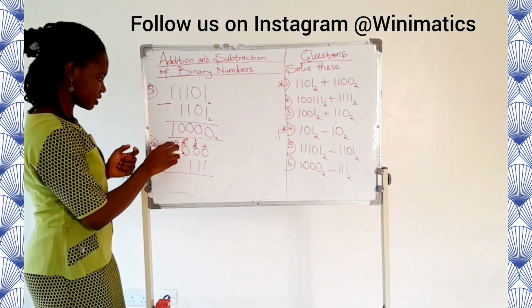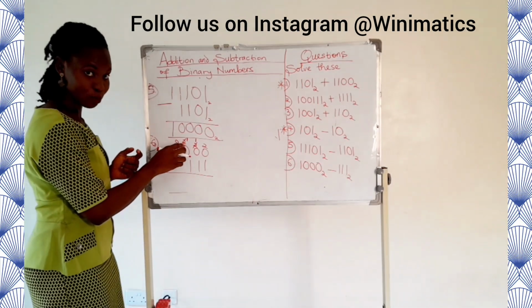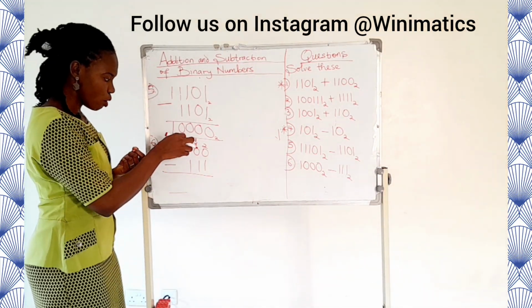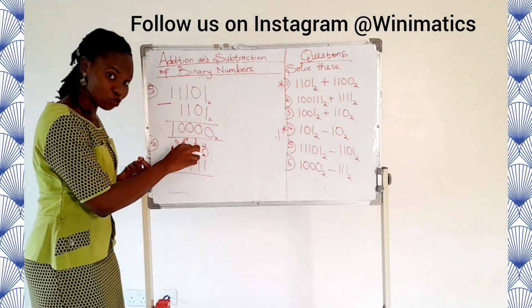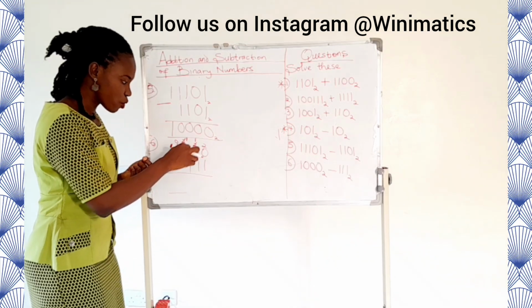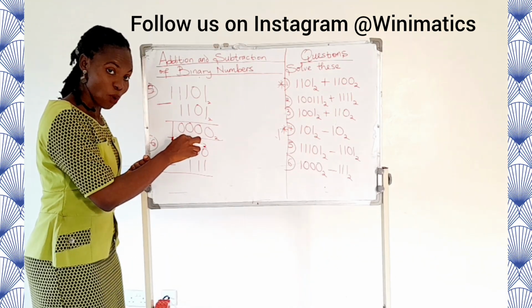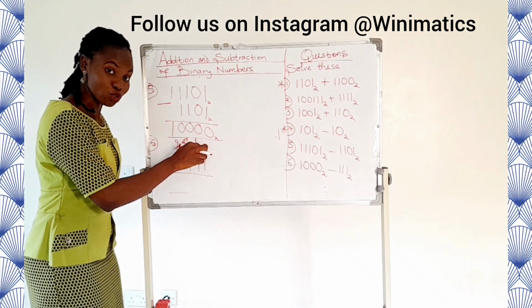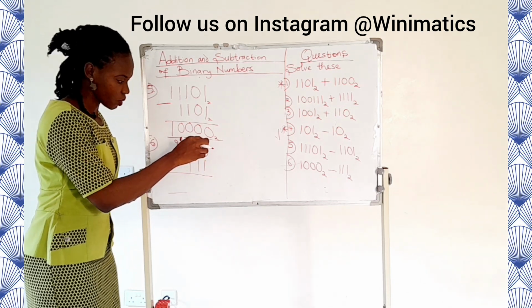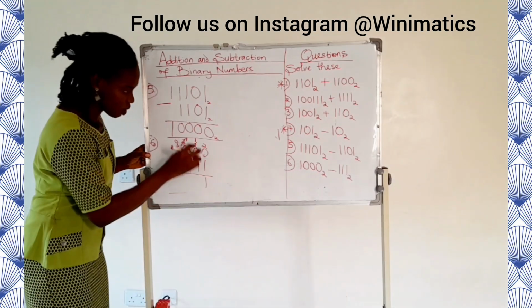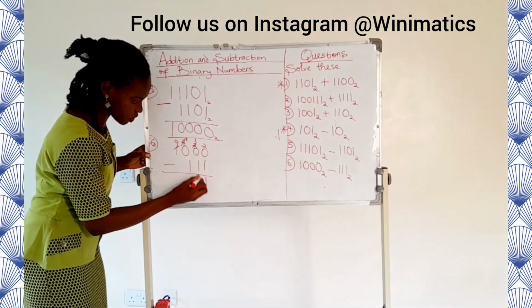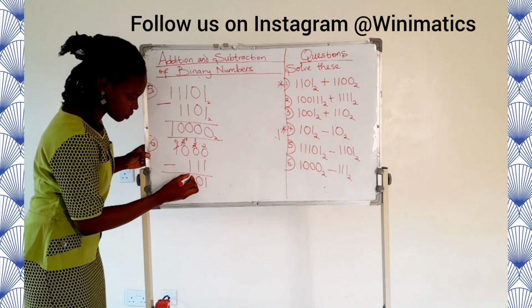You borrow 1 here, this reduces to 0, give it to this, it becomes 2 because you're working in base 2. Borrow 1 from that 2, the 2 reduces to 1, give it to this, it becomes 2 because you're working in base 2. Borrow 1 from this, it reduces to 1, give it to this, it becomes 2 because you're working in base 2. Alright, so 2 minus 1 is 1. 1 minus 1, 0. 1 minus 1, 0.